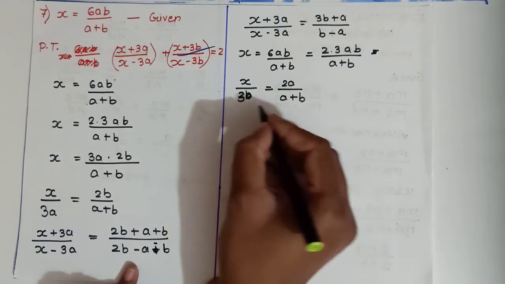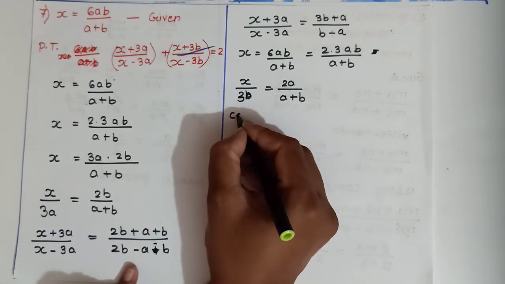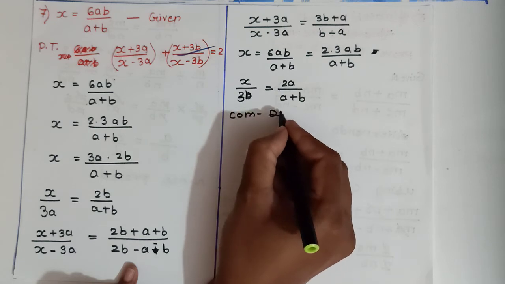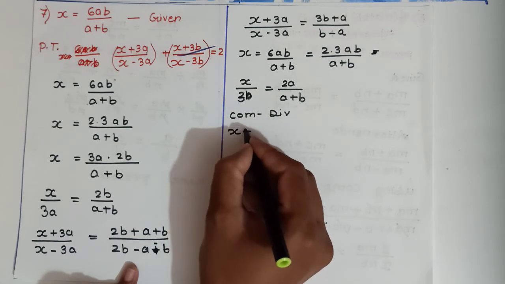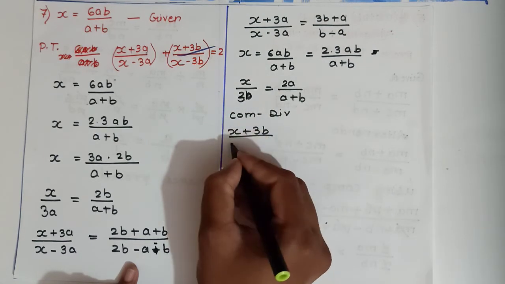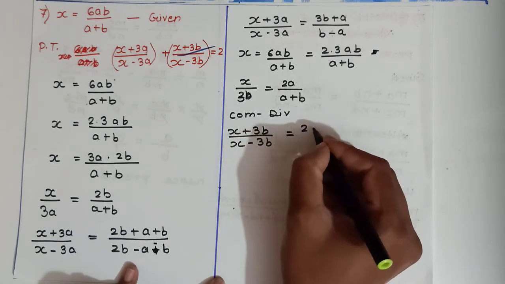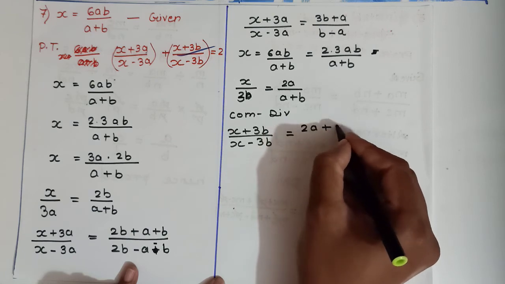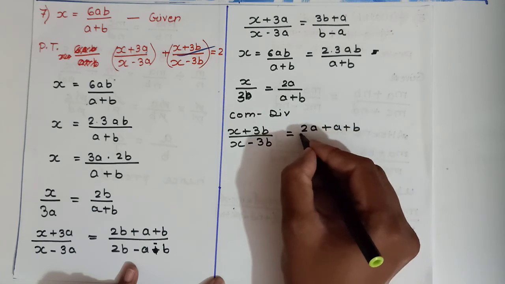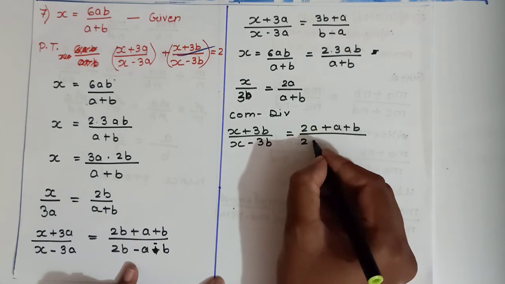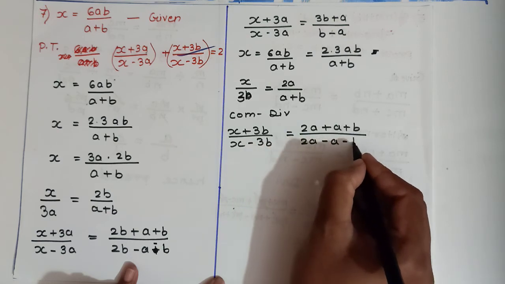Again apply here componendo dividendo. Okay, again I am applying. So what I will get, x plus 3b divided by x minus 3b equals to what, 2a plus a plus b divided by 2a minus a minus b.